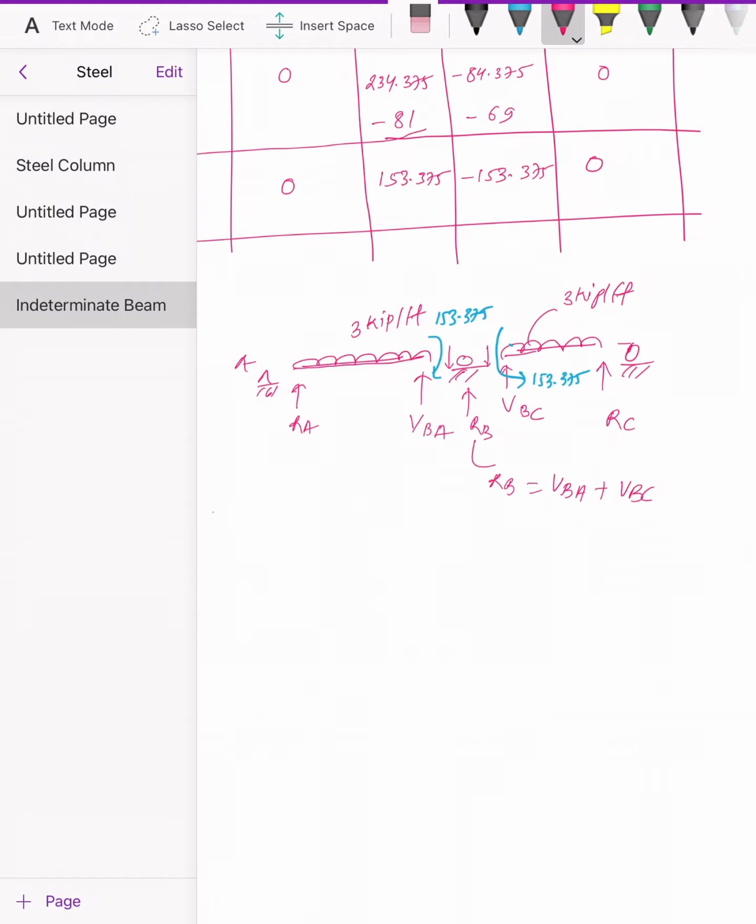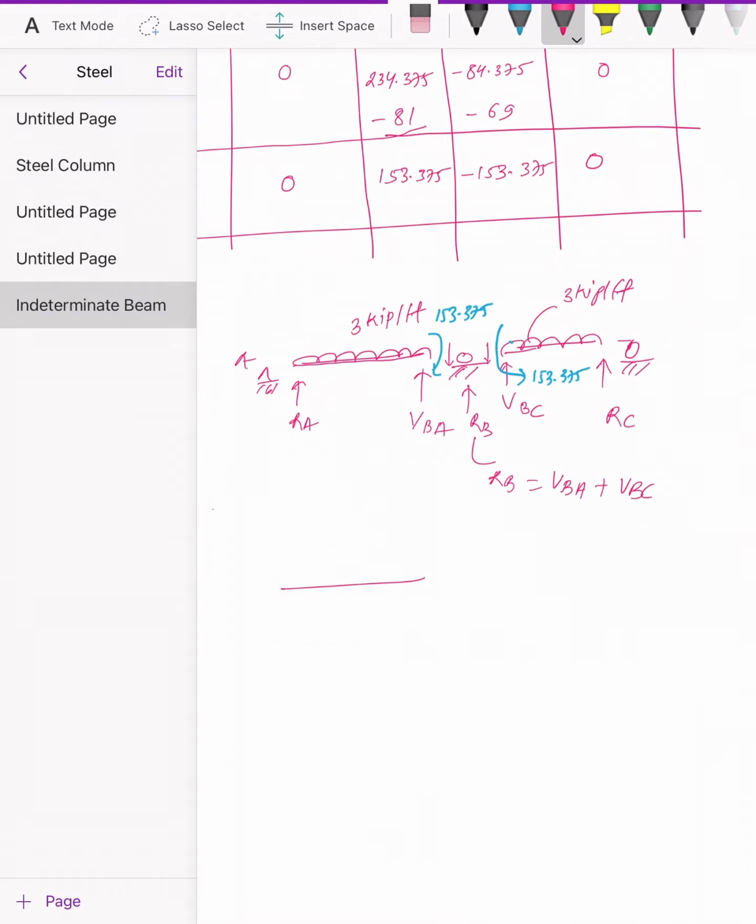Let's take section AB, this little piece of section. We call this reaction at A, and we call this shear VBA, with 3 kip per foot and a clockwise moment of 153.375.